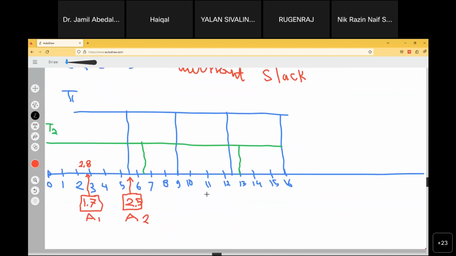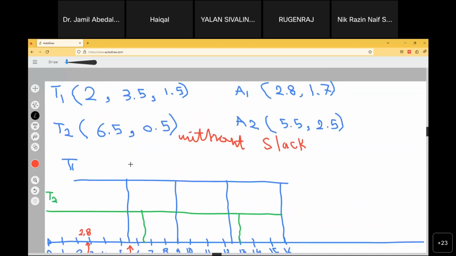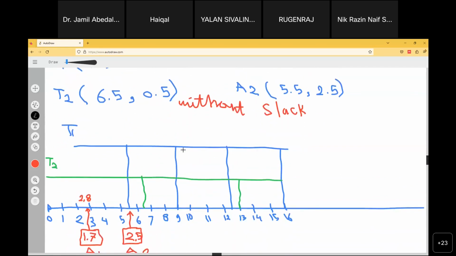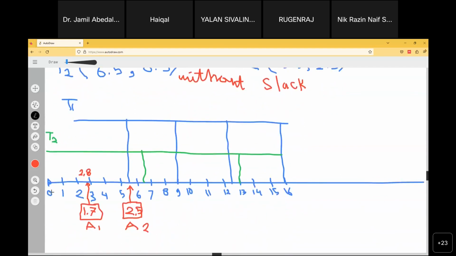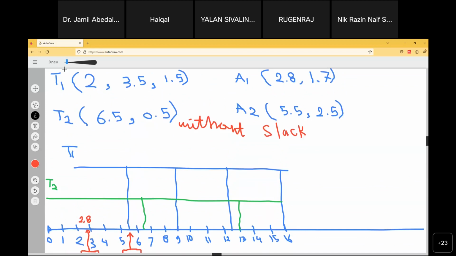So let's start on how to execute the periodic and aperiodic tasks without slack stealing. First of all, we start from 0. At 0 units, of all the periodic and aperiodic tasks, how many tasks are ready to be executed? Anyone can tell me?